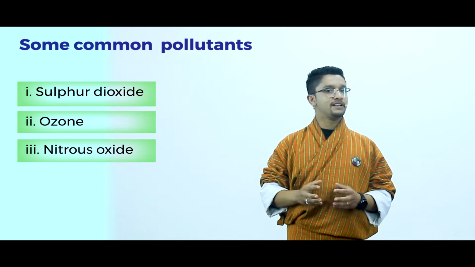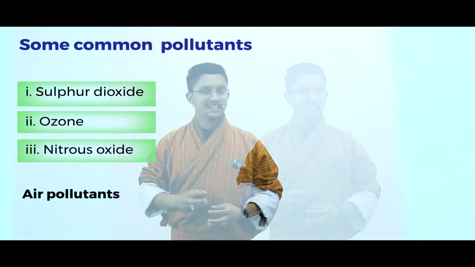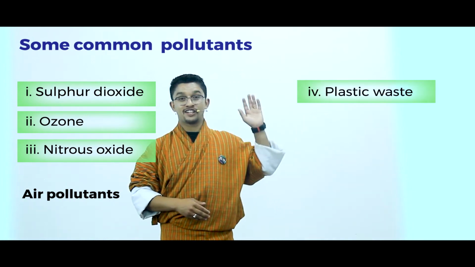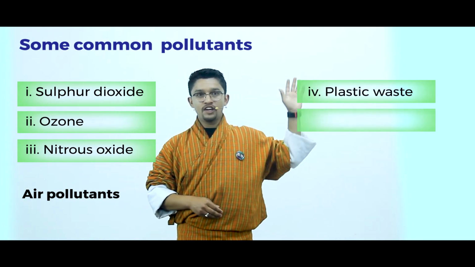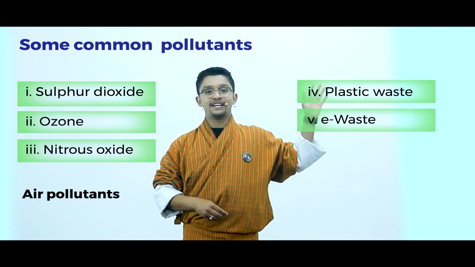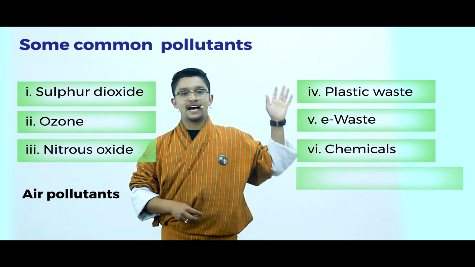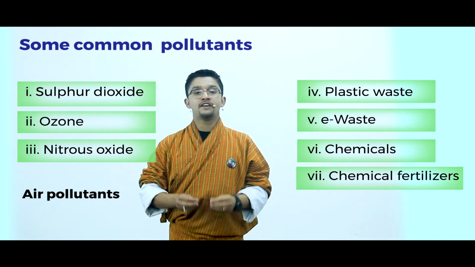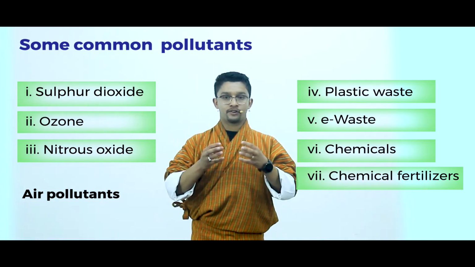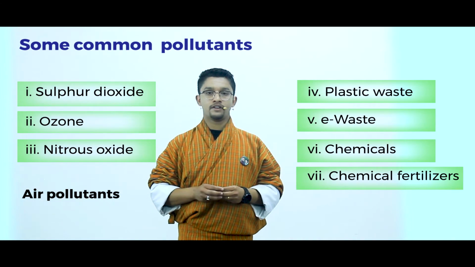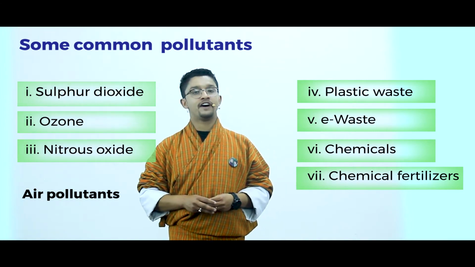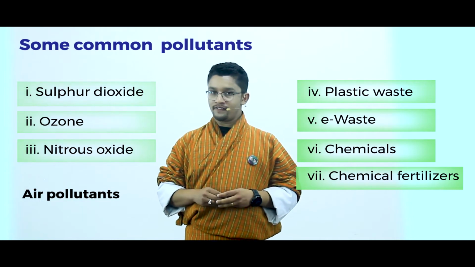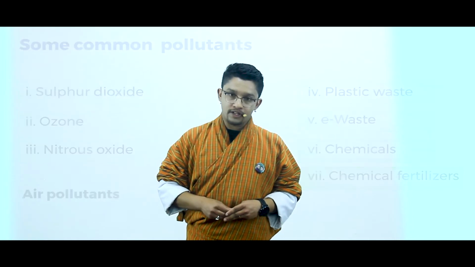These three are commonly known for polluting air. Similarly, on my left, plastic wastes, e-wastes, chemicals, chemical fertilizers. These are some of the pollutants that we commonly come across in our everyday life. Their concentration in the environment can lead to adverse effect to the environmental components.